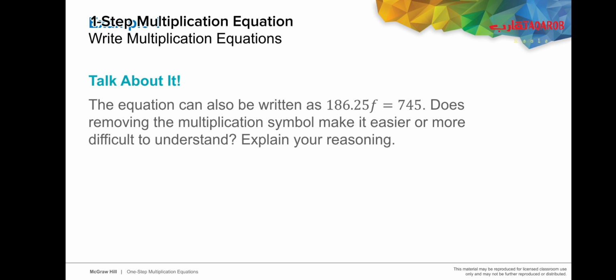Do you think it will change the idea of the problem? It will change the multiplication? Of course not, because according to the commutative property, changing the order will not change the product. But it's more professional to write the number first, then the variable.